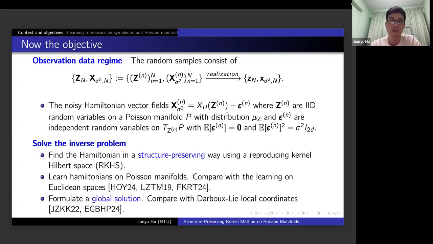The goal is to recover the Hamiltonian function from this observation data in a structure preserving way using an RKHS. This learning task is on the general Poisson case, and I will formulate a global solution to this learning problem. Global means that our learning approach doesn't depend on the choice of local coordinates.